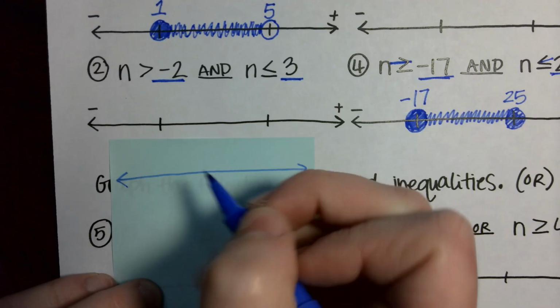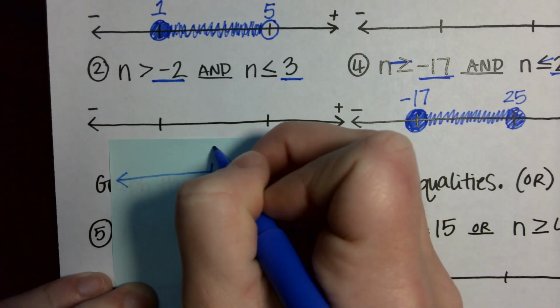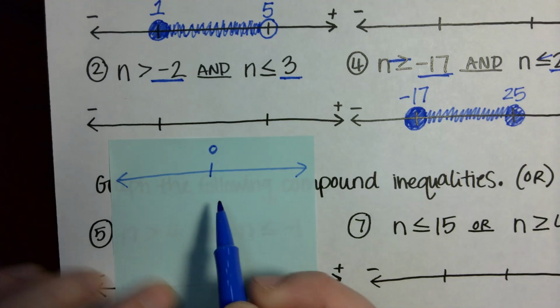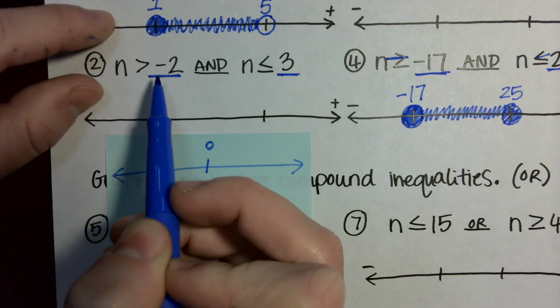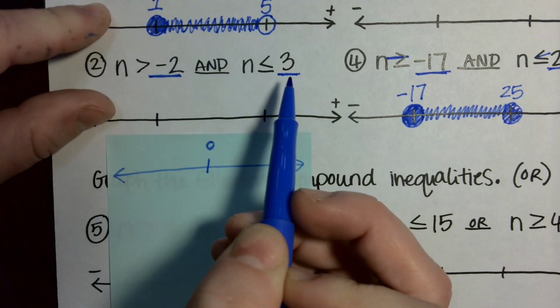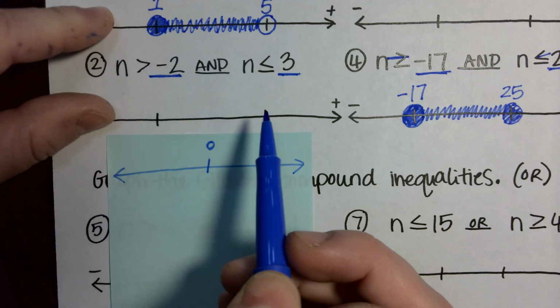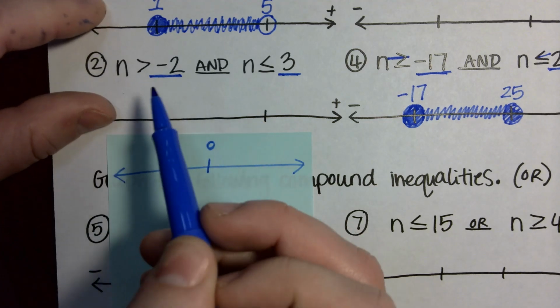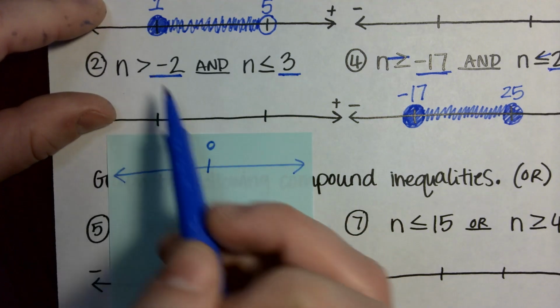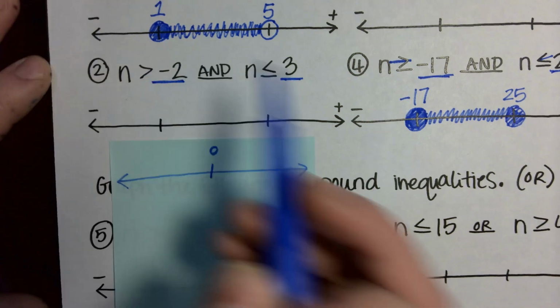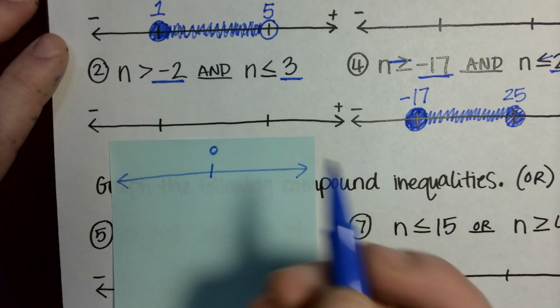Now I'm going to give you one quick little trick that will always work. Anytime that you have a negative number and a positive number, which one is always smaller? The negative. If you have a negative and a positive, the negative number will always come first. Always.